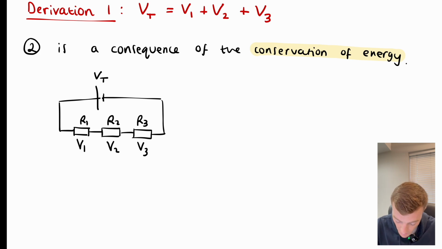If you recall from my previous video, the longest terminal is positive, the shortest terminal is negative. So conventional current flows from positive to negative, so that's our total current. But in series, we know that the total current is the same through components. So each component will have a current IT.